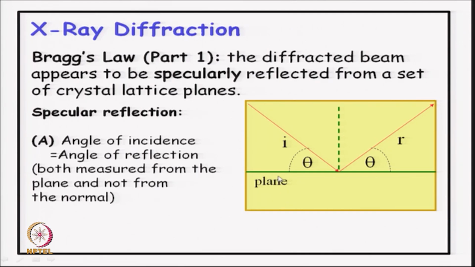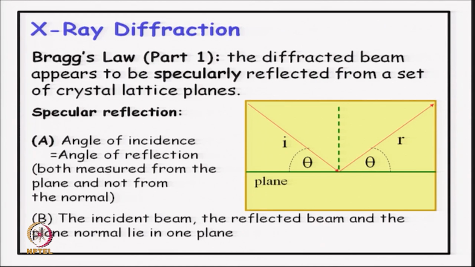The only difference here from normal physics nomenclature is that in X-ray reflection or X-ray diffraction, we take the angle from the plane instead of the plane normal. This has to be kept in mind. But of course, if the angle with the plane normal is equal, the angle with the plane also will be equal. And the second part, which is also important in reflection from mirrors: the incident beam, the reflected beam and the plane normal all should lie in one plane. This is true for X-ray diffraction also.